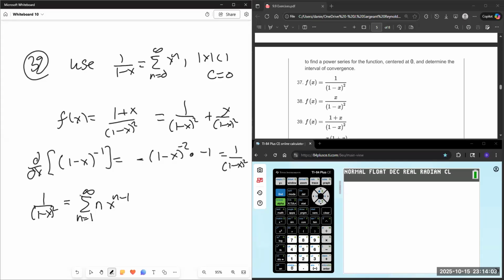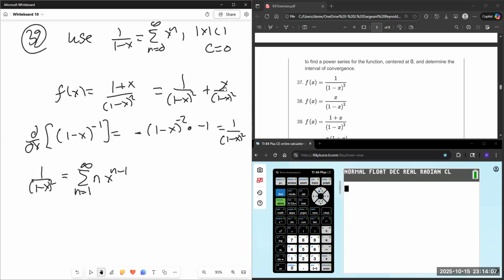And then I'm going to multiply by x to get the second piece here. So x over (1 minus x) quantity squared is equal to summation n equals 1 to infinity of n x to the n minus 1 plus 1, which is going to be x to the n.